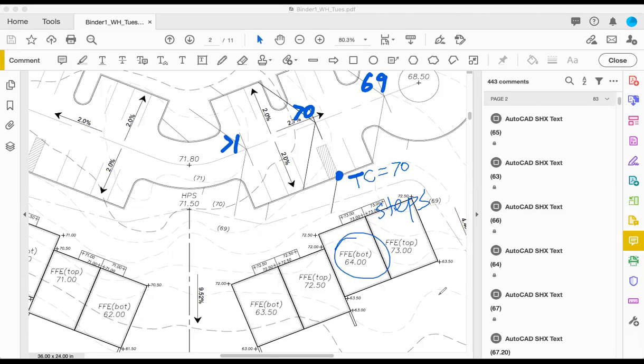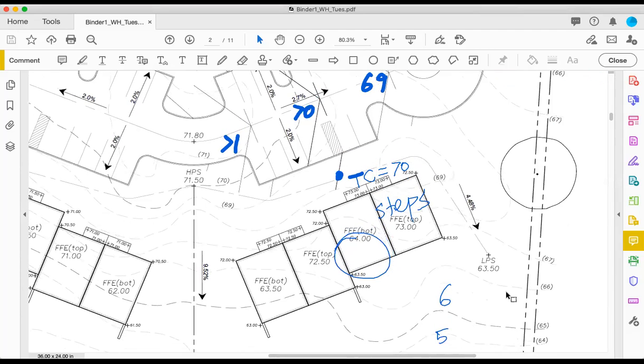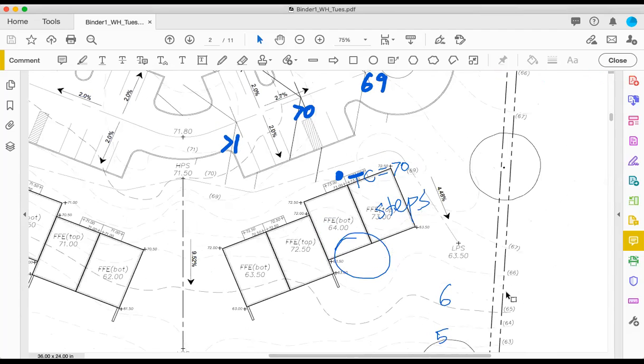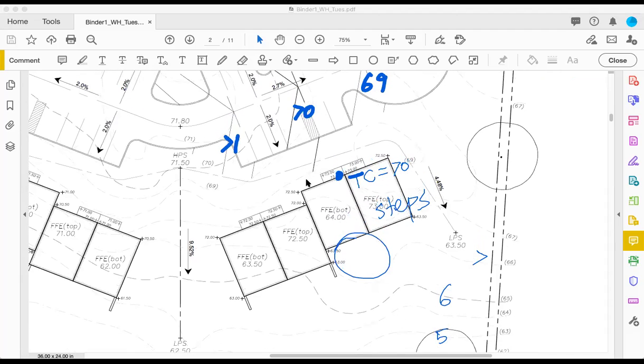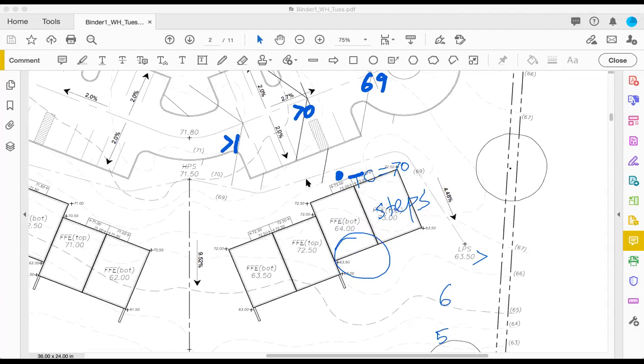So this is 65, 66, and I need to actually look at where the trees are. 66, 67. So if this is 64, yeah, 64 doesn't kill the tree. So that's fine for there.